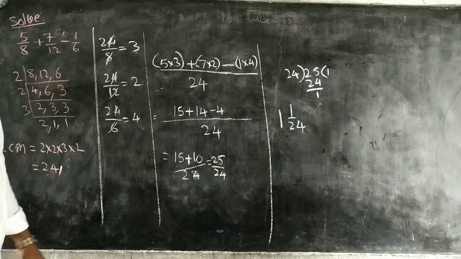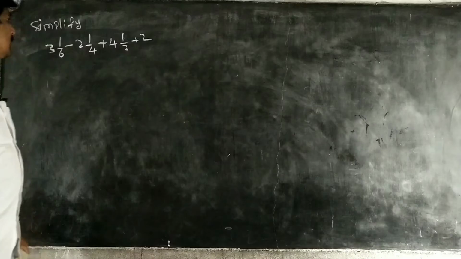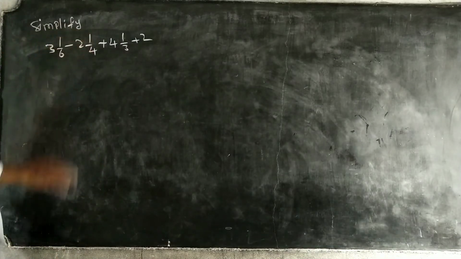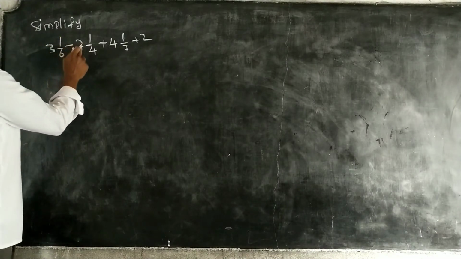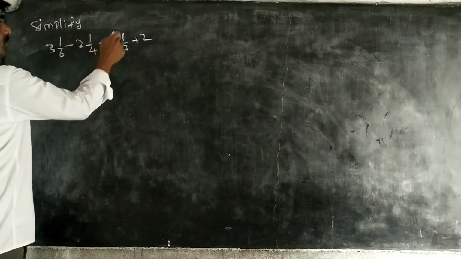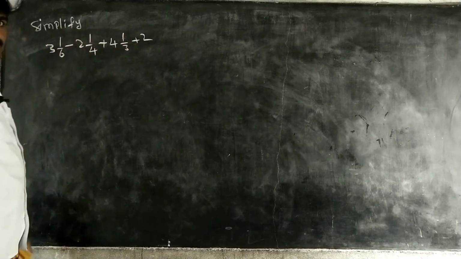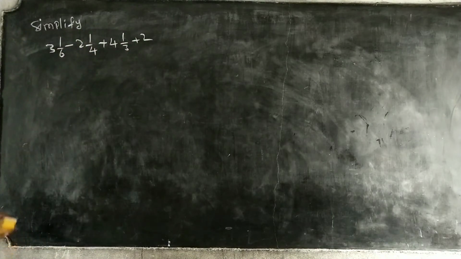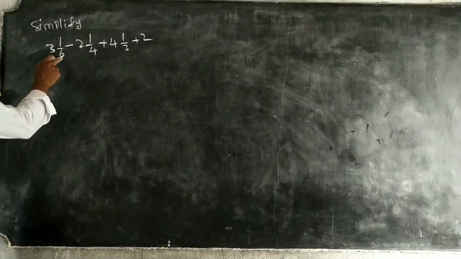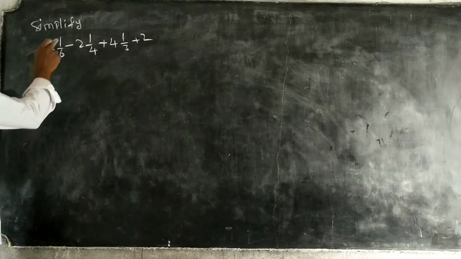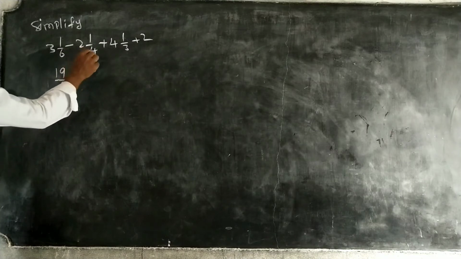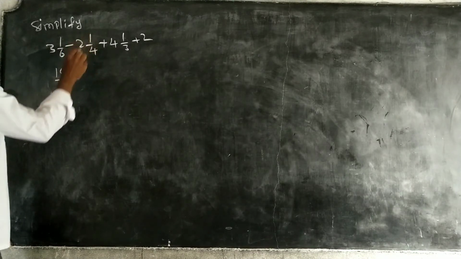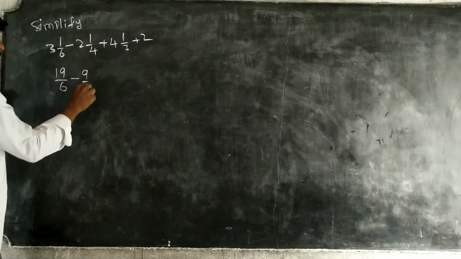Next, another example. Okay. Right. So simplify or solve, both are the same. 3 mixed 1 by 6 minus 2 mixed 1 by 4 plus 4 mixed 1 by 3 plus 2. We have to solve. How am I telling? First you have to change into improper. 18 plus 1 is equal to 19 by 6. 4 twos are 8, 8 plus 1, 9 by 4.